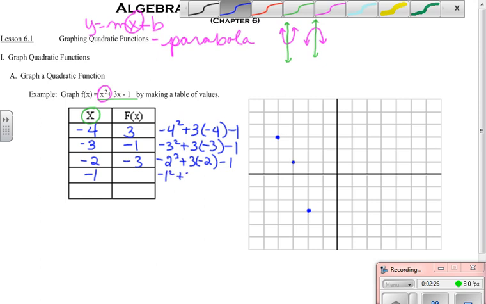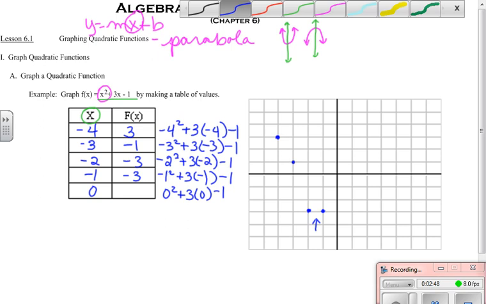-1 squared plus 3 times -1 minus 1, that ends up being -3. And now I see that my points are changing, that somewhere in this vicinity is the bottom. So I'm going to do a couple on the upswing. 0 squared plus 3 times 0 minus 1.